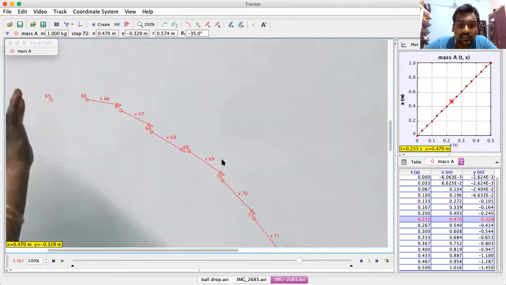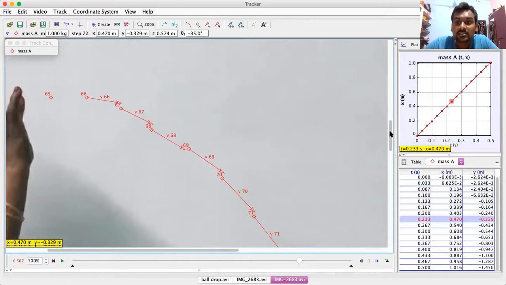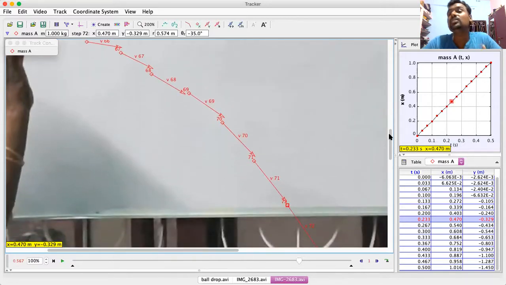These arrows represent the velocity of the ball which is happening naturally. But for the sake of solving the problem easily, or understanding it easily, we have broken it down into horizontal and vertical motions. And then, as I just showed you, we can use those horizontal and vertical velocities to arrive at the resultant velocity, which is the actual velocity of the ball at that instant in time. Thank you.